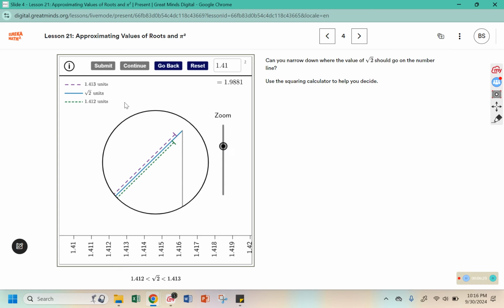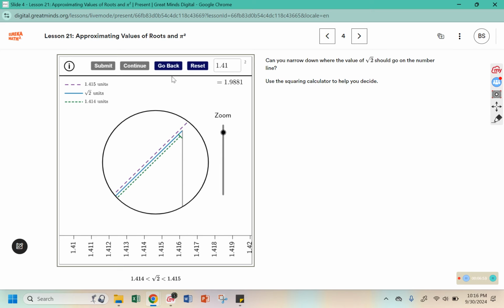These are still both too short. Increase it again. Still too short. And then I have one that's below and one that's above.